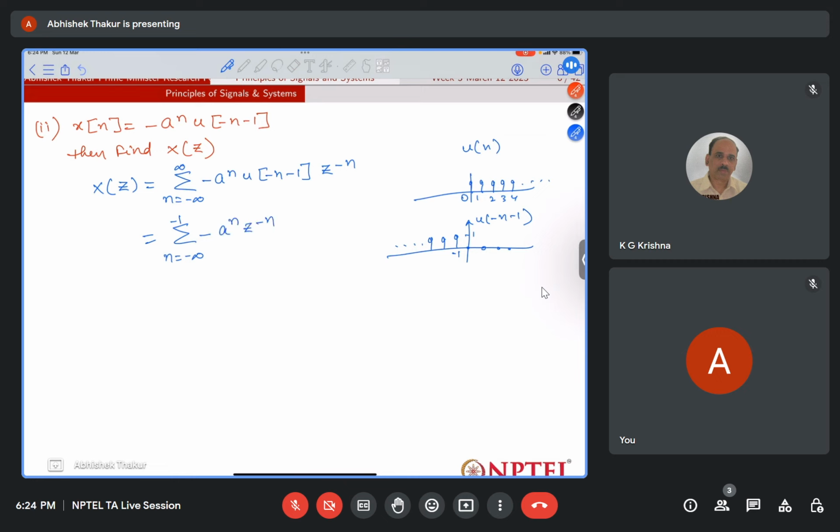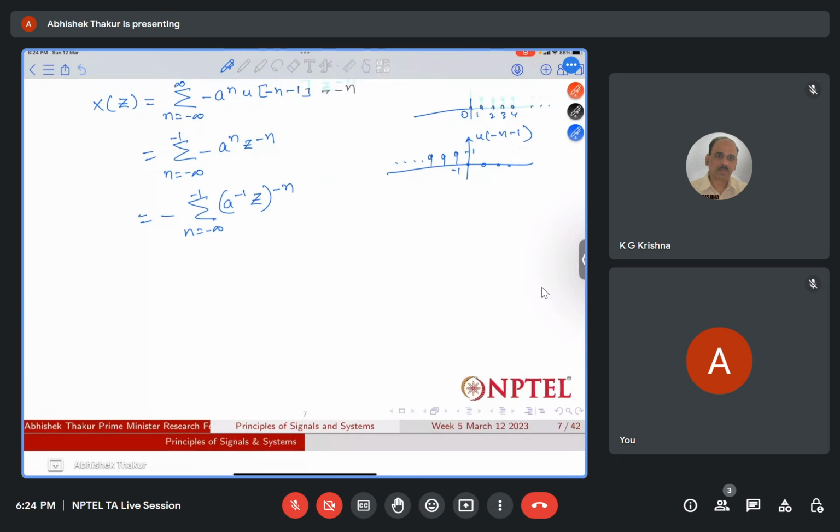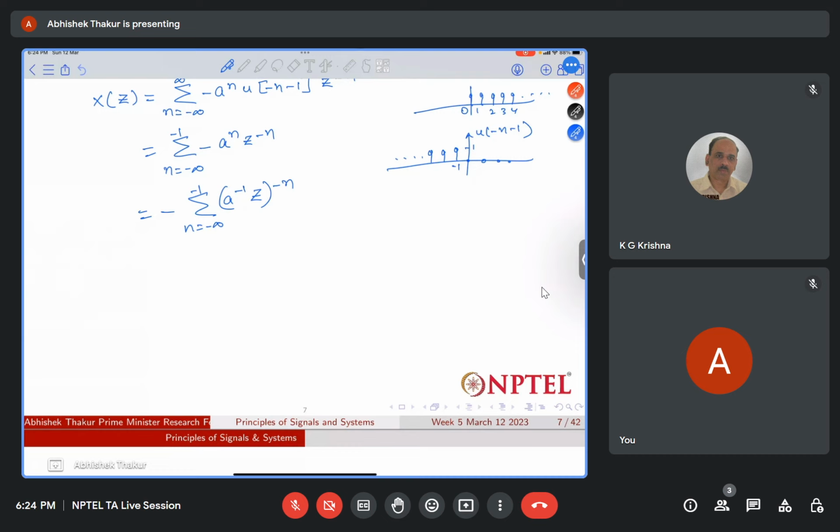So this can be written as minus the summation from n equal to minus infinity to minus 1 of a inverse z to the power minus n, because minus 1 into minus n is n, and z to the power minus n is coming. Now we can substitute minus n equal to m.